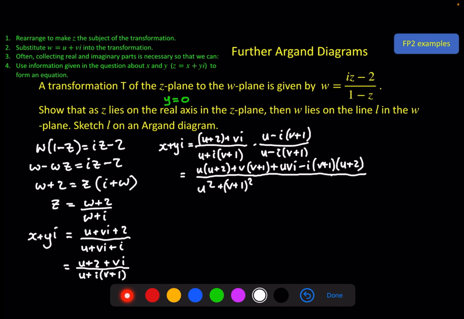There we go. Now we don't need all of this expression, because the information we've been given is that y equals 0. So we just need the imaginary part to equate that, and that's this part here divided by this denominator.